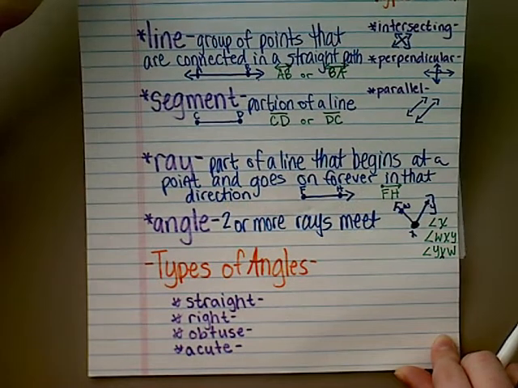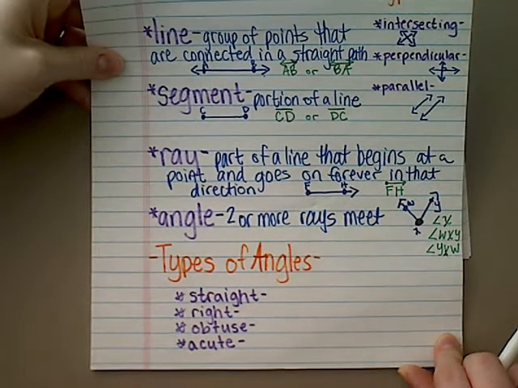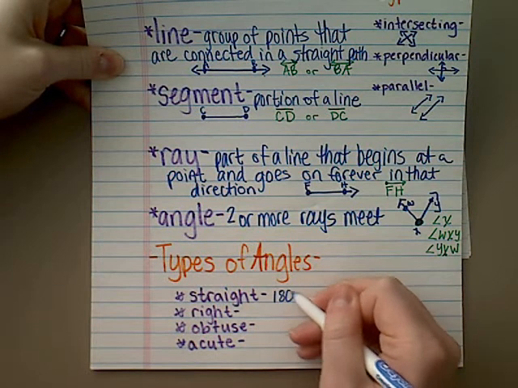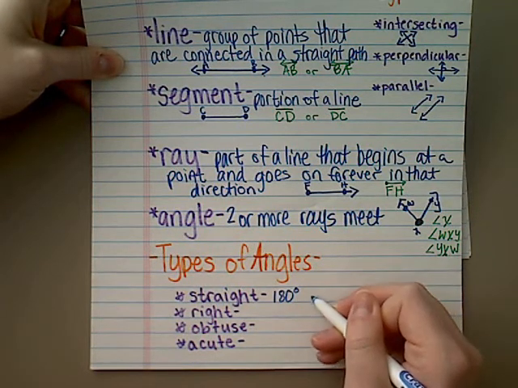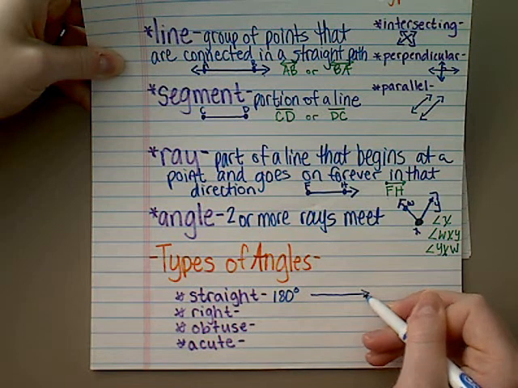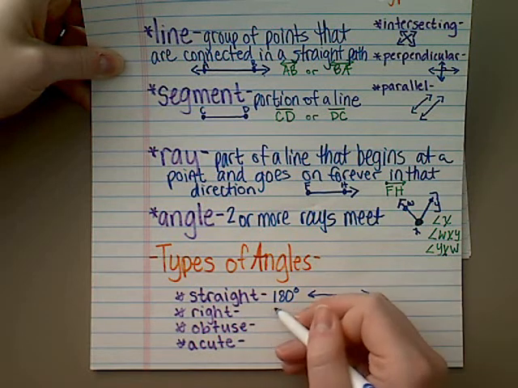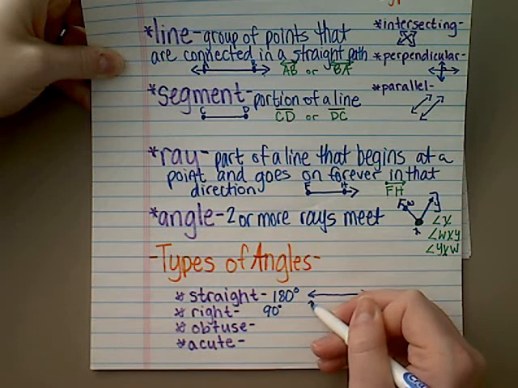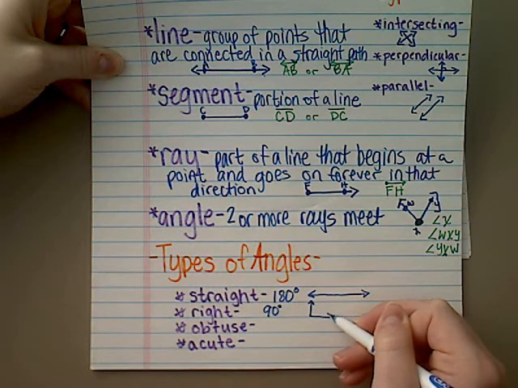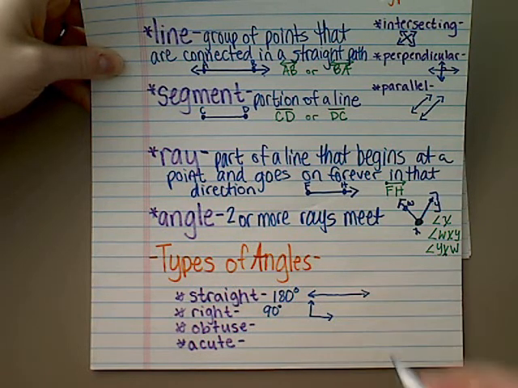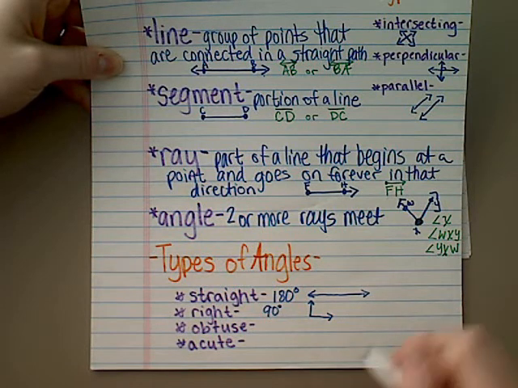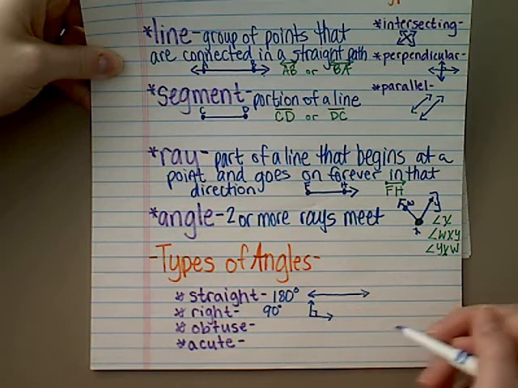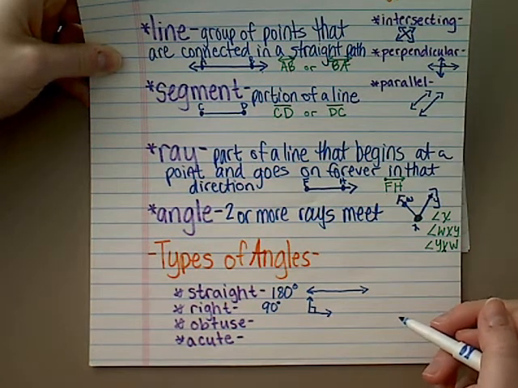There are a few types of angles that we are going to review. The first is a straight angle, and a straight angle equals 180 degrees, and that is what a line is. A right angle equals 90 degrees, and that is shown by when two lines or two rays meet to form perpendicular lines, so that forms at 90 degrees, and we normally put that box there.